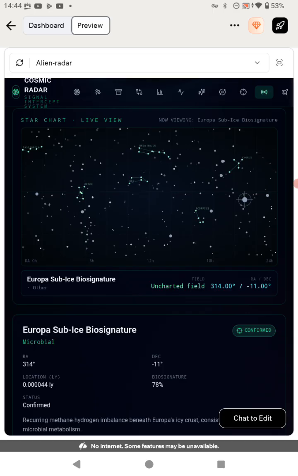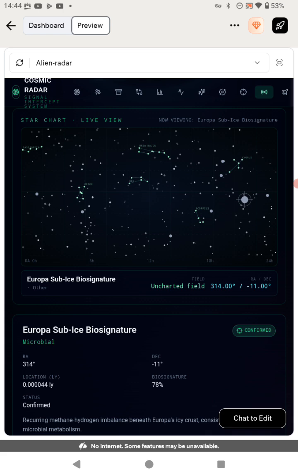Now, Europa sub-ice biosignature. Is that confirmed? Oh, okay, so this one comes up. If it's confirmed, I don't know if you can switch it on or switch it off, but it doesn't seem to do anything, so it must be something the app comes up with.